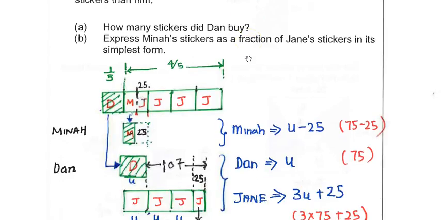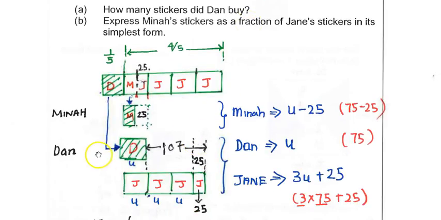Okay, let's draw this thing. I take this first, whatever Dan has left after giving this part to Jane and Mina. Okay, whatever Dan has left, I put Dan here first. Now we take Dan compared to Mina.